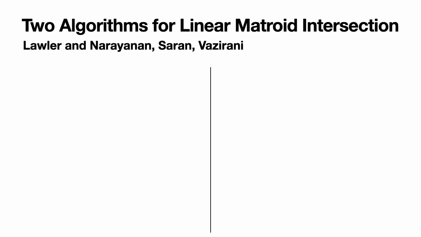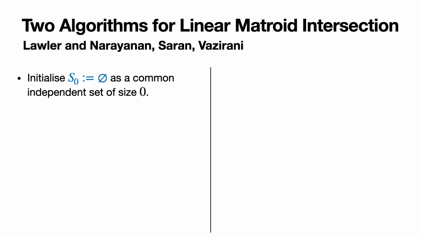Let me tell you two algorithms for linear matroid intersection. The algorithm on the left is by Lawler, and the algorithm on the right is by Narayanan, Saran, and Vazirani. Okay? I'm not sure if this is a presentation that Lawler used because I picked it up from a textbook. So it starts by initializing S0 as a common independent set of size 0.